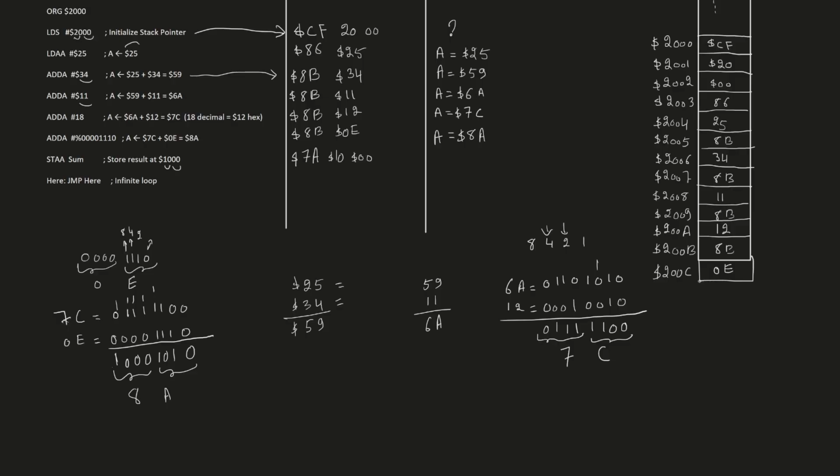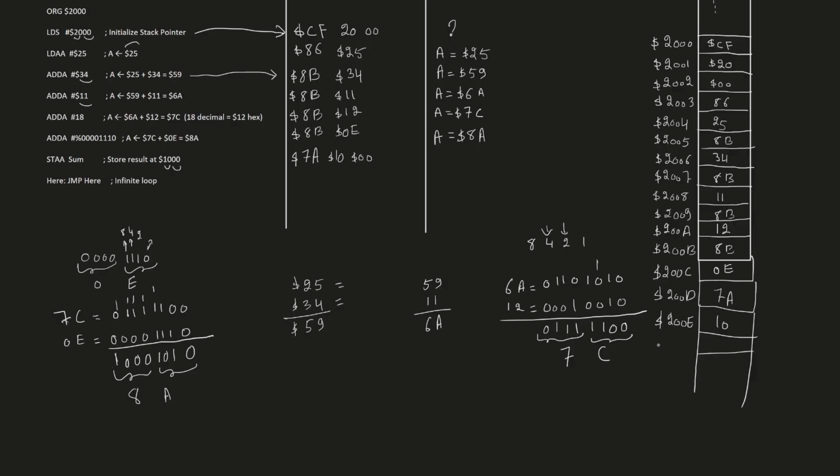Now we can write the content of the memory. So after C, we have 2000D, which will be 7A, which is this one here. And then make some more space. After D, we have the memory address 2000E, and the content is 10.